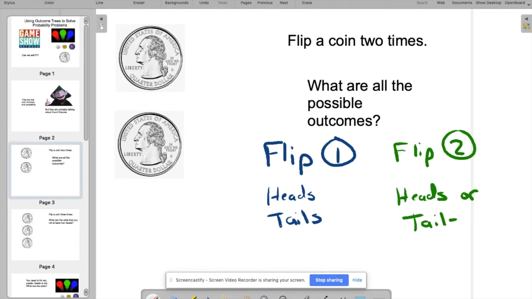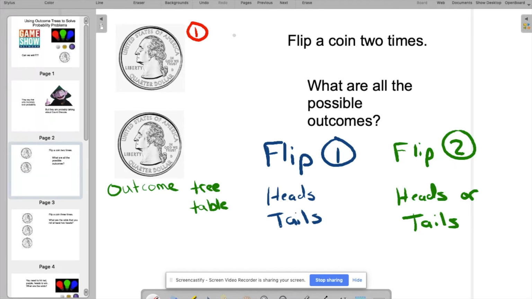So we're going to start doing something called an outcome tree or an outcome table. And that's what we're going to work on for the rest of this video. It's an outcome tree or an outcome table. So when we're creating the outcome tree, you always want to start at the top with what we call event 1.